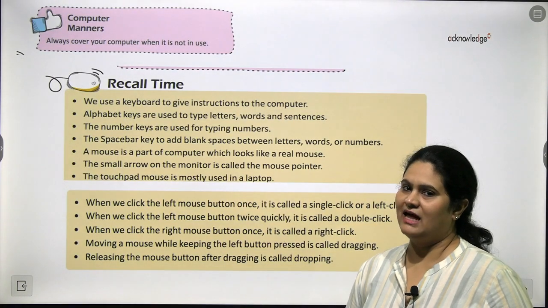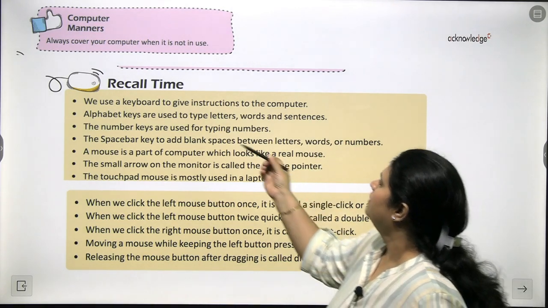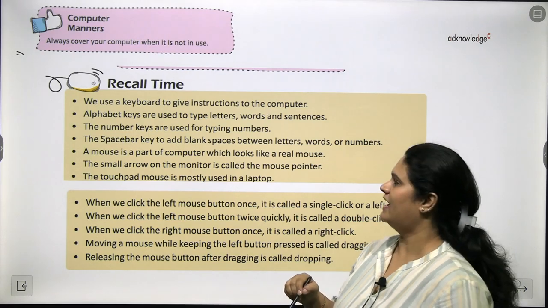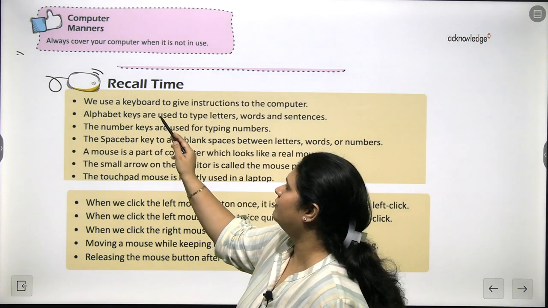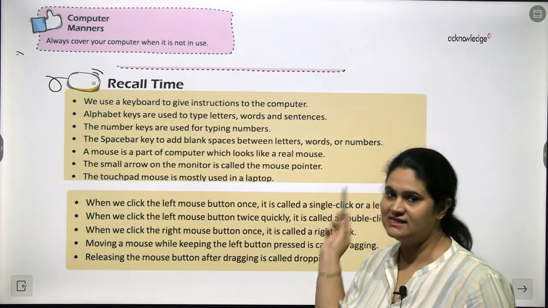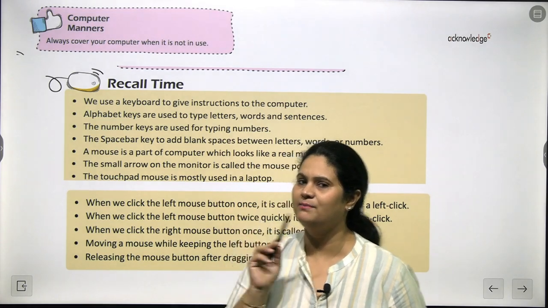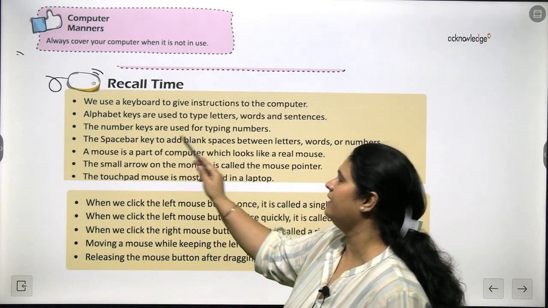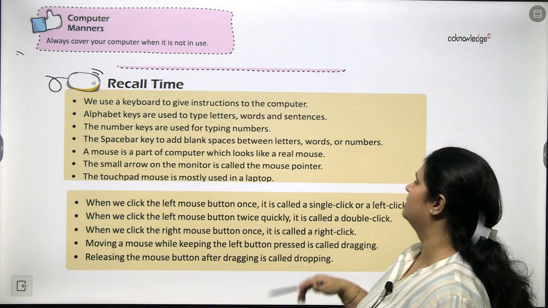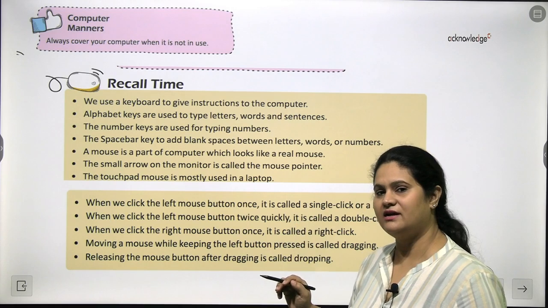Now is the time that we recall whatever we have done in this chapter. So, we use a keyboard to give instructions to the computer, right? We use the alphabet keys to type letters, words and sentences. The number keys are used for typing numbers. The spacebar key is used to add blank spaces between letters, words or numbers, right?